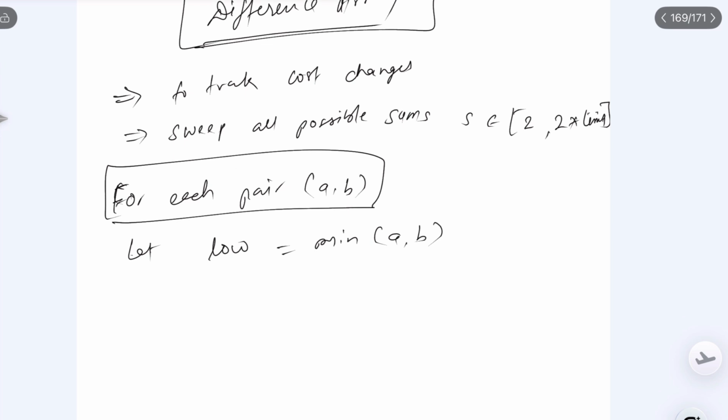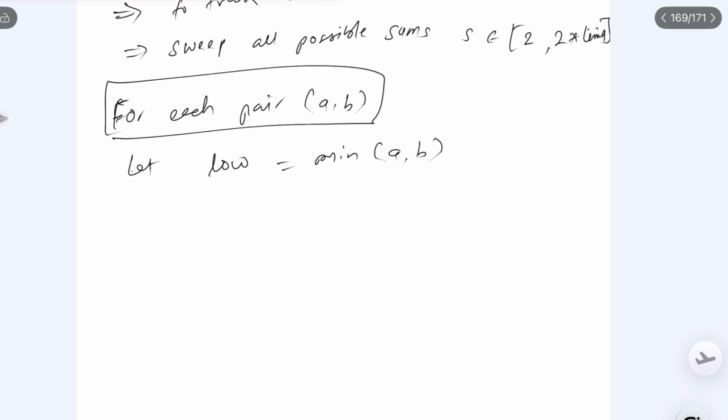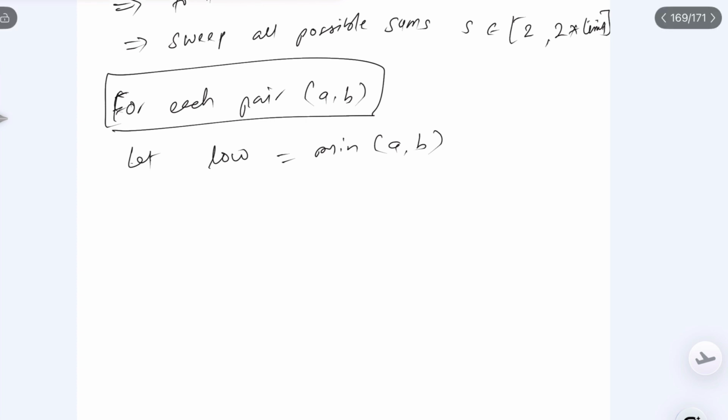You have taken low as the min of a and b, so take a high also. High will be the max of a and b. So we update the ranges.